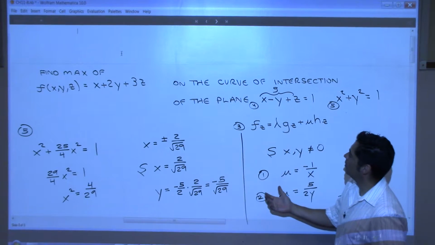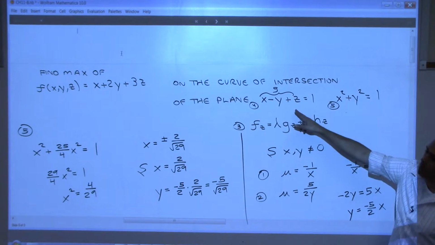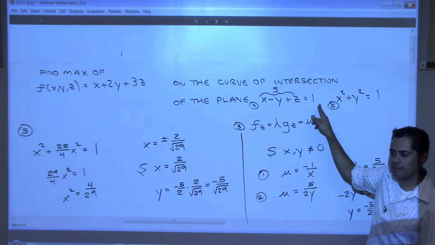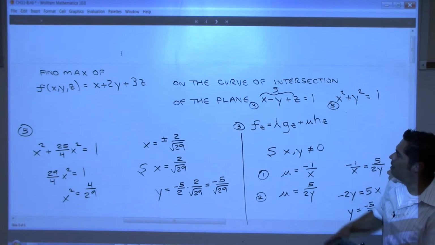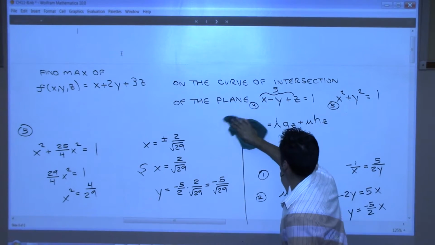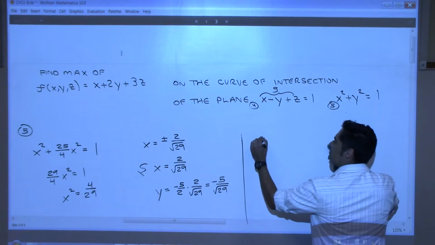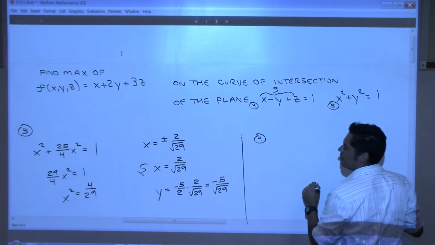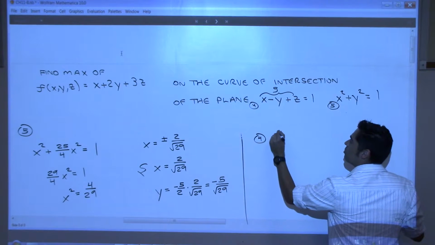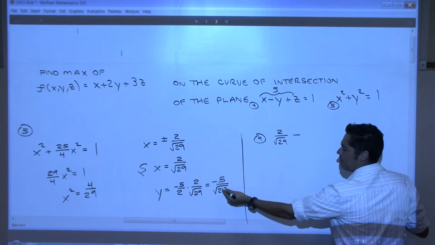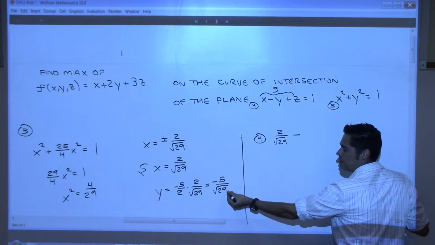Solve for z. Where? Fourth equation, right? If I know x and y, I can get z, can't I? So now I'm going to go to the fourth equation. Fourth equation is going to be 2 over root 29 minus y, but y is already negative, isn't it?